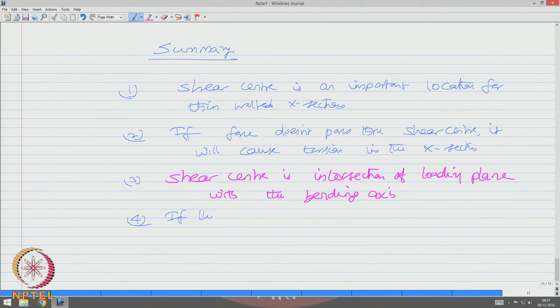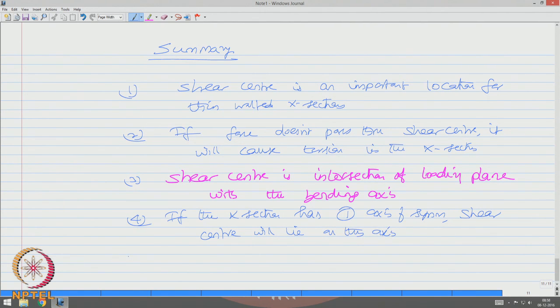If the section has one axis of symmetry, shear center will lie on this axis.